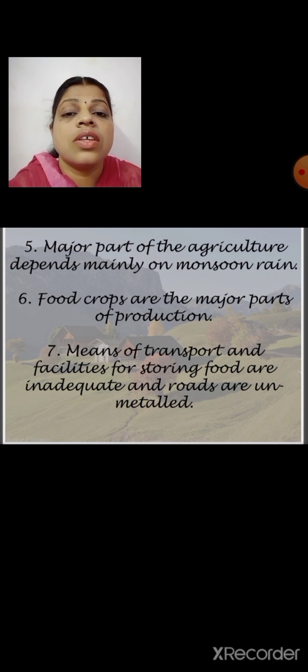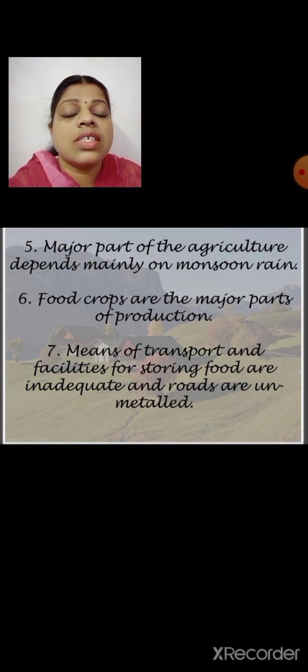That is, we concentrate more upon food grains. You know the two types of crops? Kharif crops and rabi crops, and all the food grains especially come under Kharif crops.